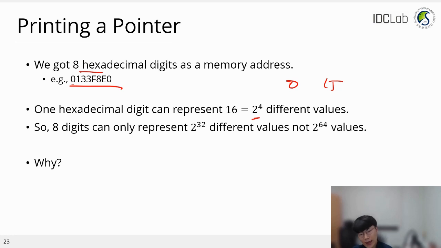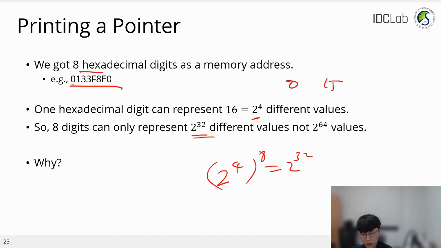So 8 digits can only represent 2 to the power of 4 to the power of 8, which is 2 to the power of 32 different values.